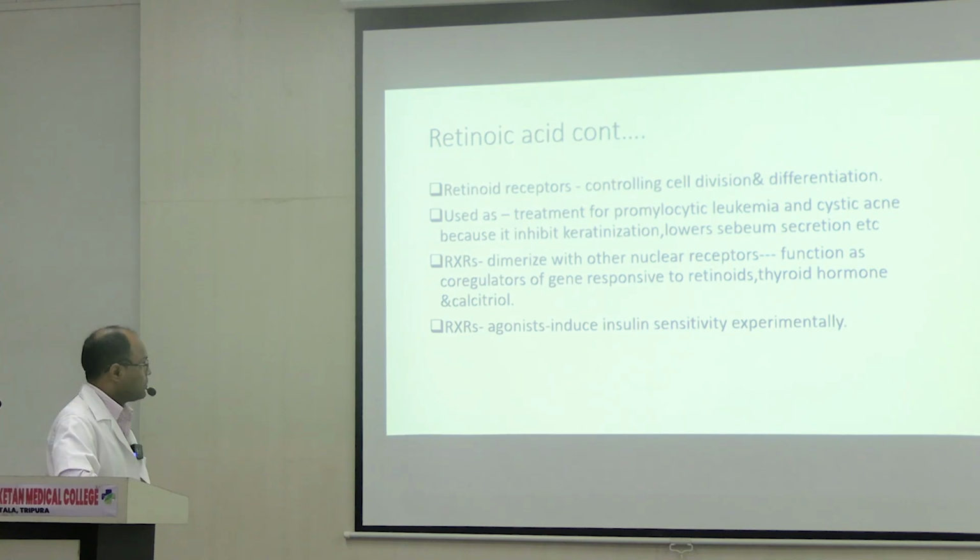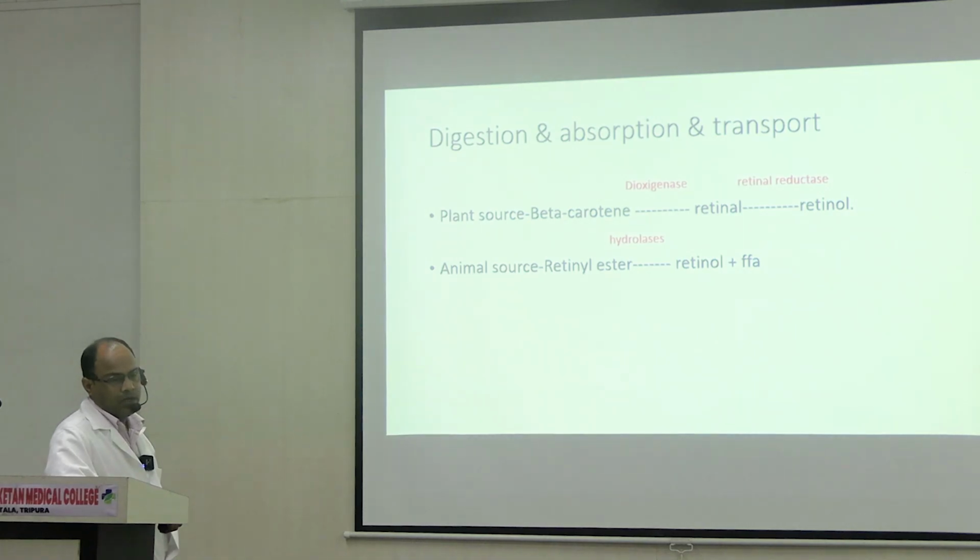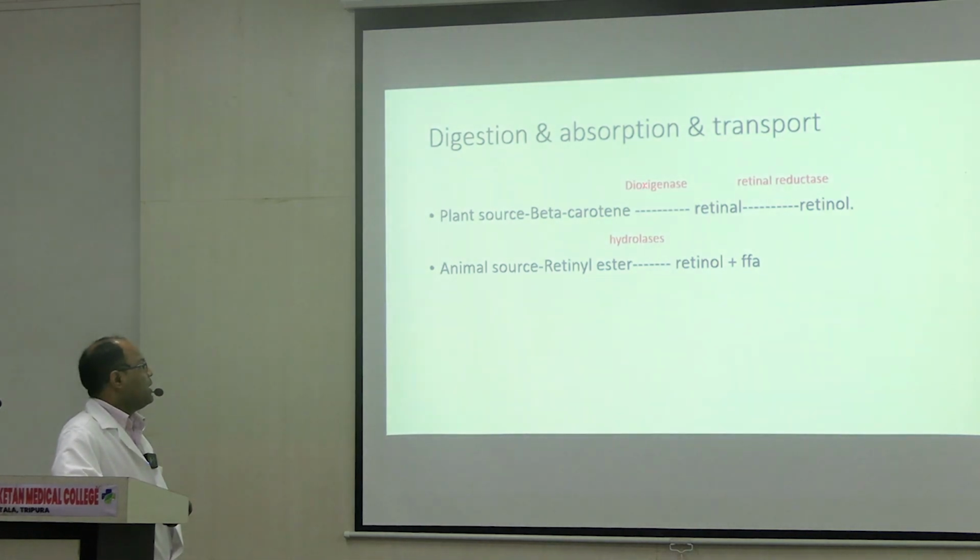Next, digestion. As I told earlier, the plant source of vitamin A is beta carotene. When we ingest beta carotene, in the intestinal mucosa it is broken down by the dioxygenase enzyme into 2 molecules of retinal.